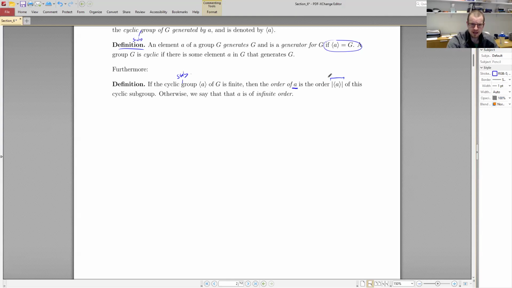Generating the subgroup. But if the cyclic subgroup is finite, then we say that its order is this. If it's not finite, then we would say that it's of infinite order. So again, referring to the element itself there. What is the size of the group that is generated by the element A? That is the order of the element itself.